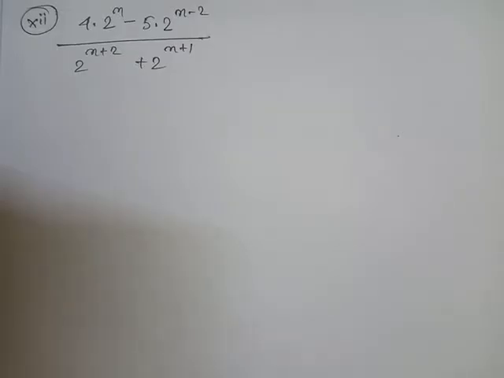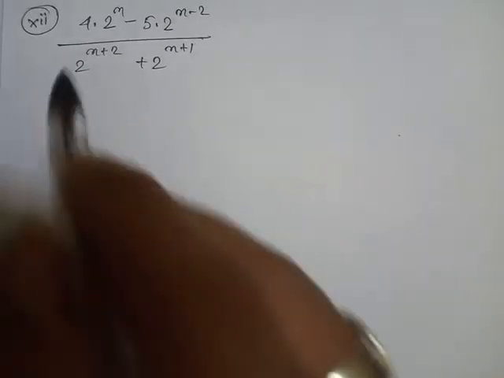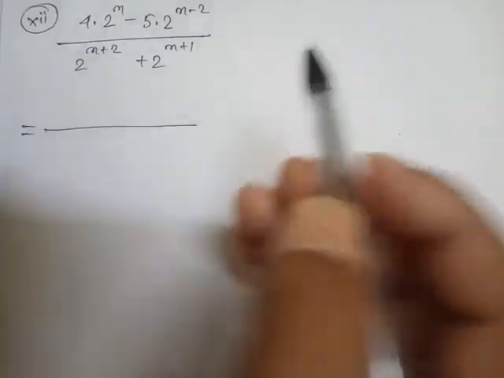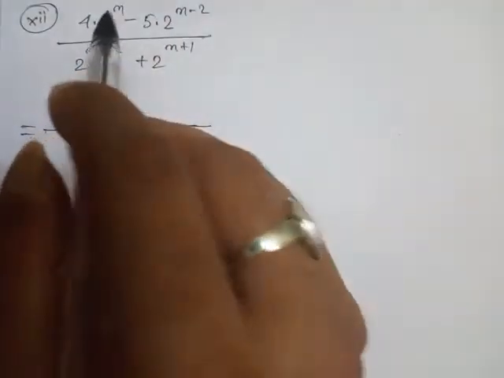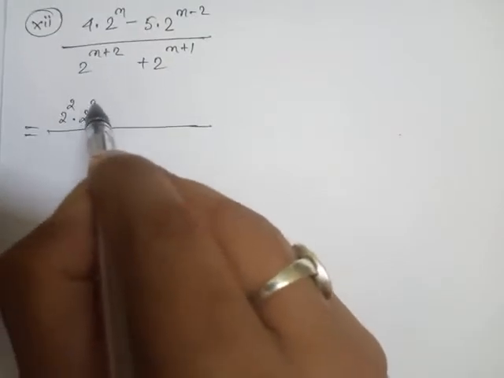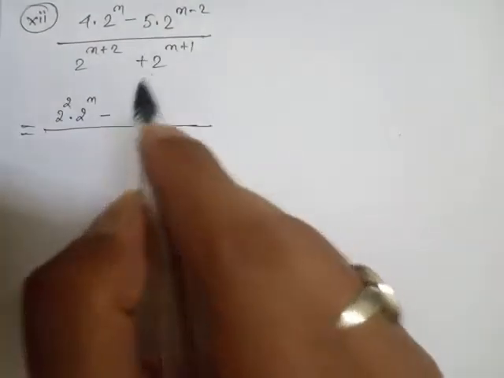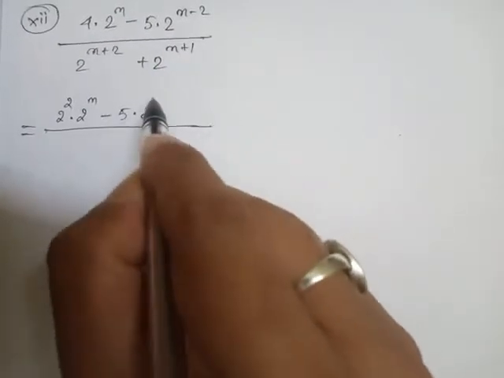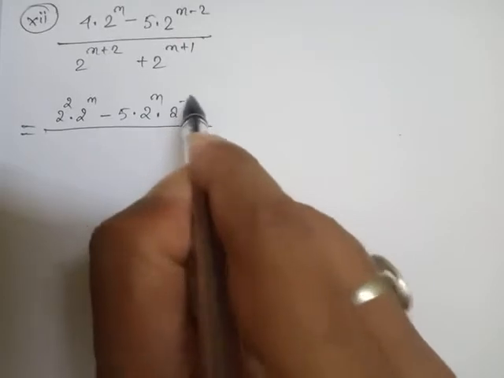This is question number 12, student. Now we are going to solve this question. Here 4 can be written like 2 square, so 2 square into 2 to the power n minus 5, and this value can be written 2 to the power n into 2 to the power minus 2.